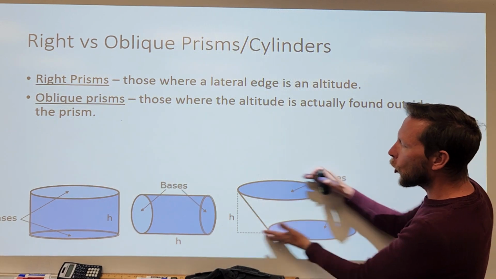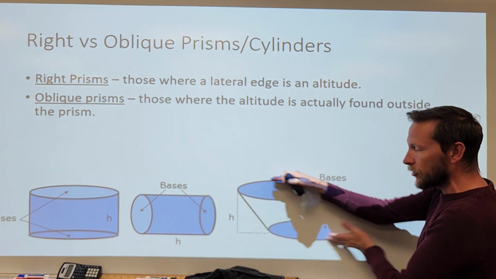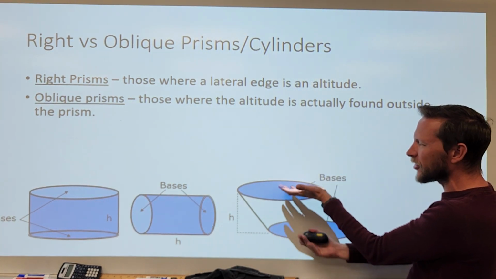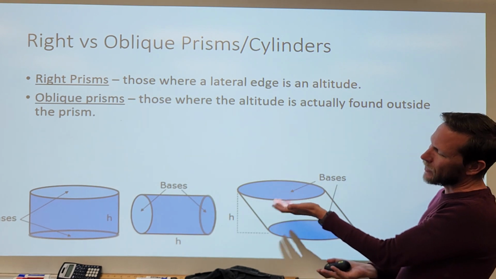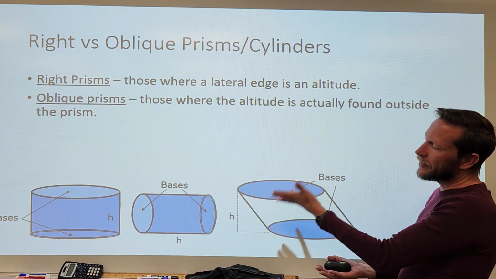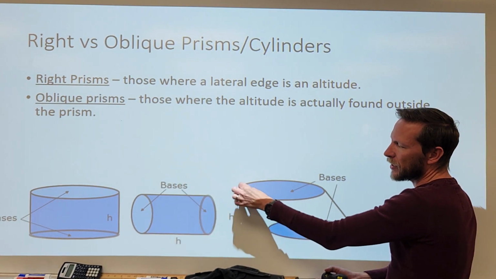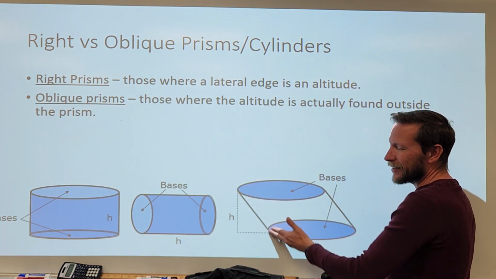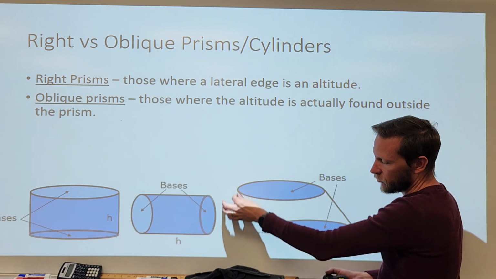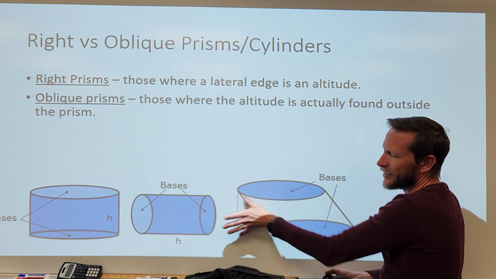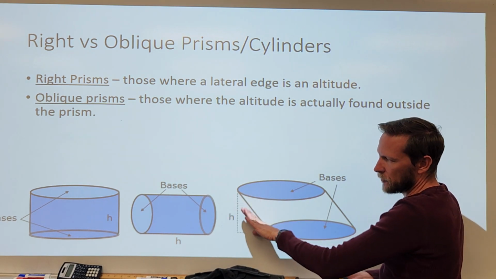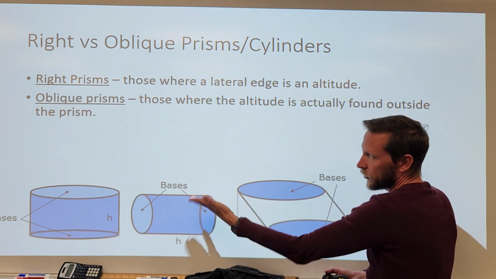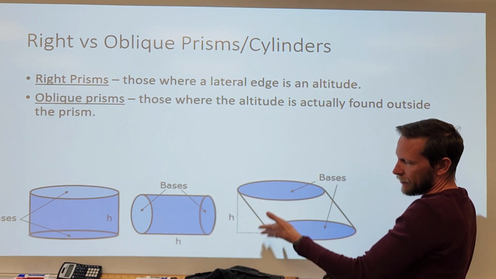You can have an oblique prism or an oblique cylinder where the bases are not directly over each other. And in this case, the height is found by measuring not a side or that lateral edge of your prism or cylinder. All right, so instead, that altitude falls outside of the figure. All right, if the altitude is on the figure, all right, then it's right. If it's not, then it's over here.